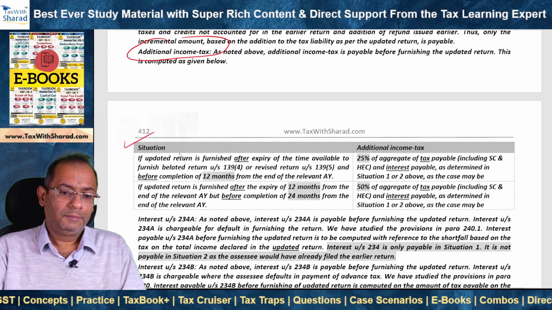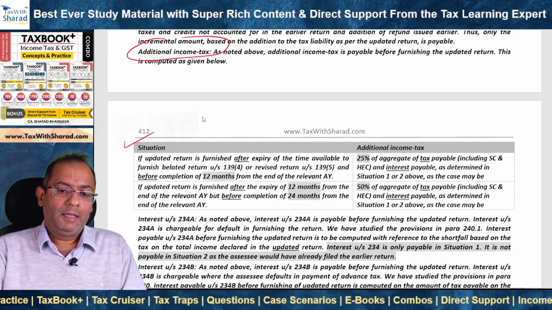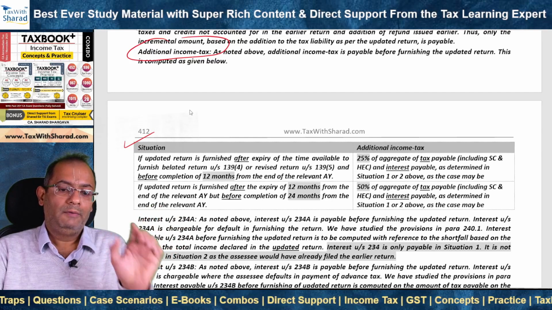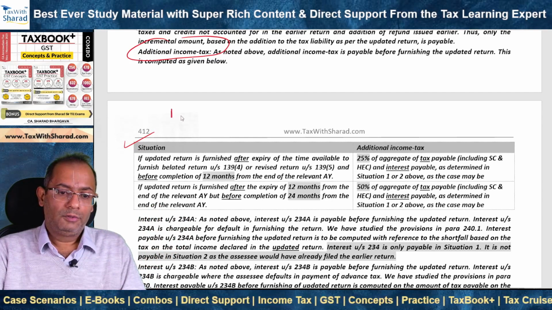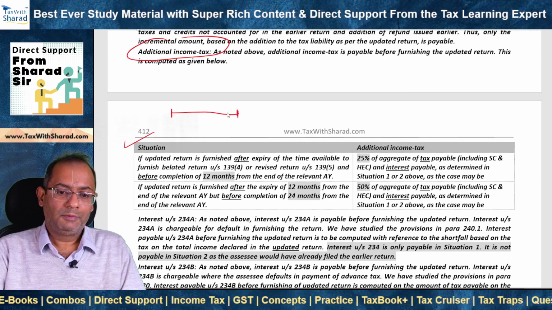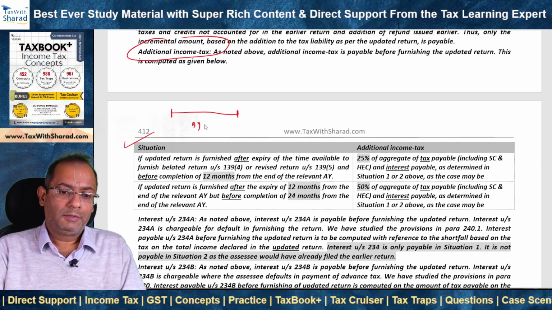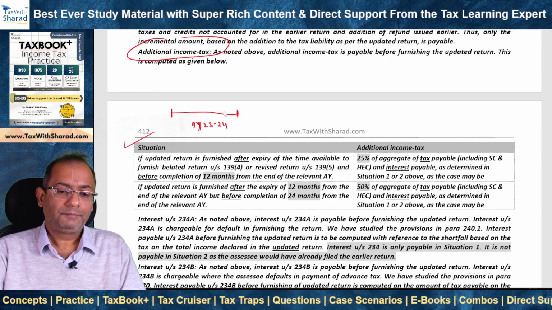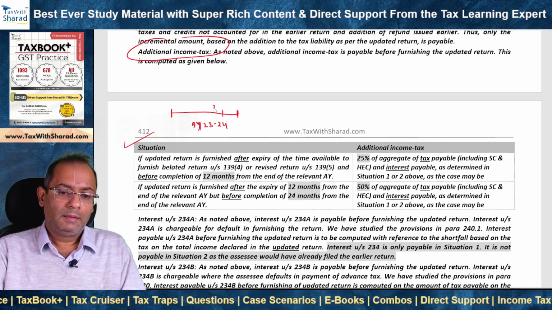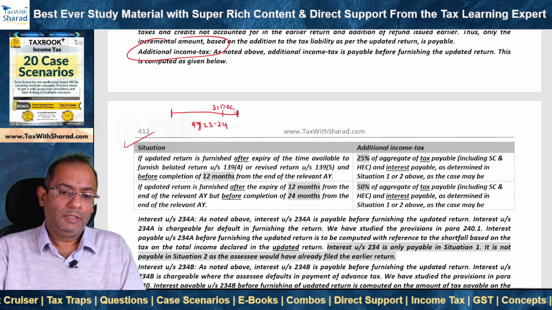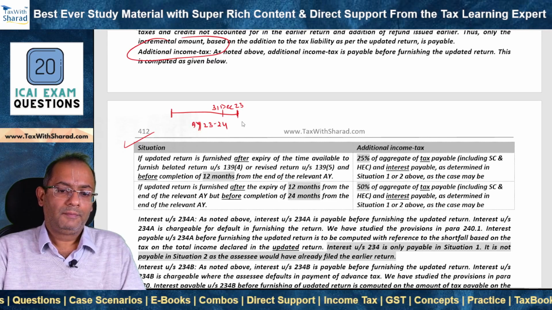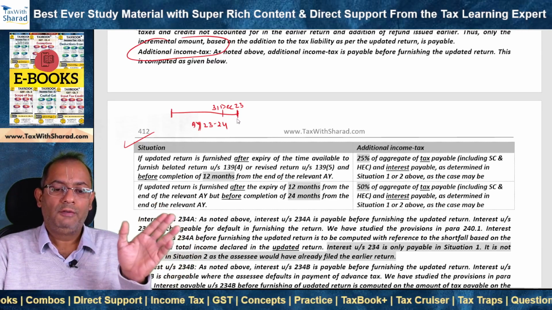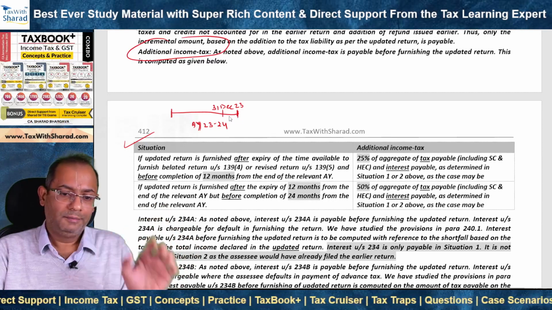It's given in the table. We know that the time limit to furnish an updated return is 24 months from the end of the relevant assessment year, right? So for example, if this is the assessment year 23-24, and this is 31st of December 23. 31st of December 23 is the last date by which you can furnish a belated return or a revised return.